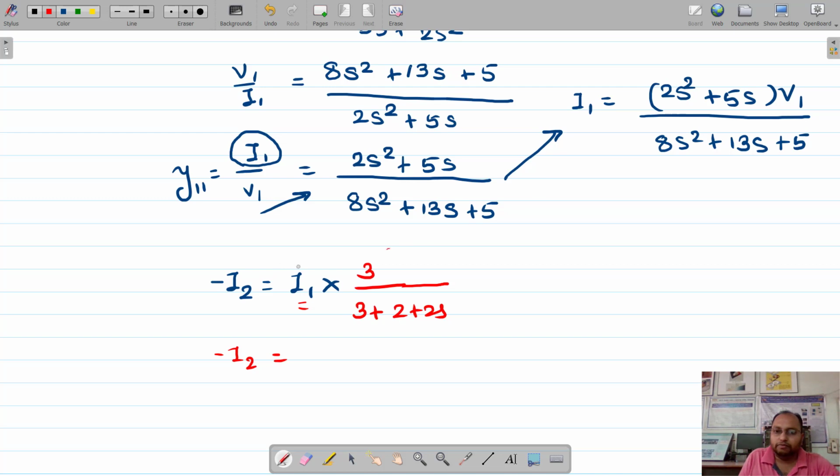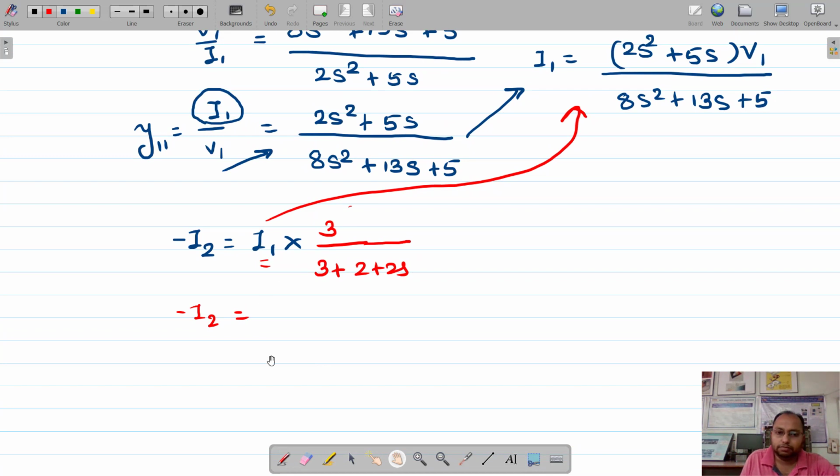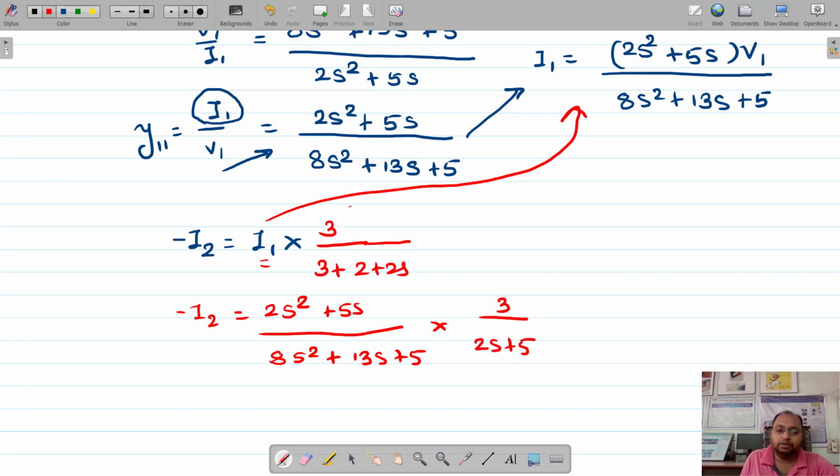Now we are going to put I1 as this one so that we can have the V1 term in it. I1 is nothing but 2s square plus 5s divided by 8s square plus 13s plus 5 into 3 divided by 2s plus 5.